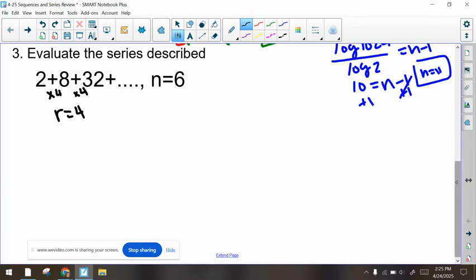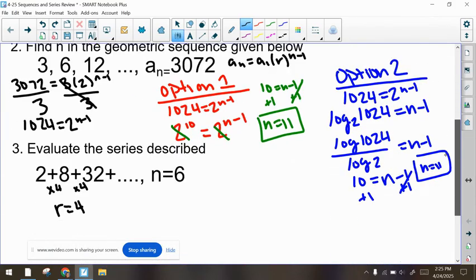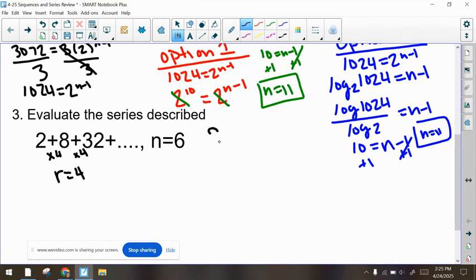So if we're doing something that is geometric and we're finding the sum, I am using this formula here, where S sub n equals a sub 1 times 1 minus r to the n over 1 minus r. I'll go ahead and rewrite that here. So again, a sub 1, we have been writing it with this bigger set of parentheses, but either way works the same.